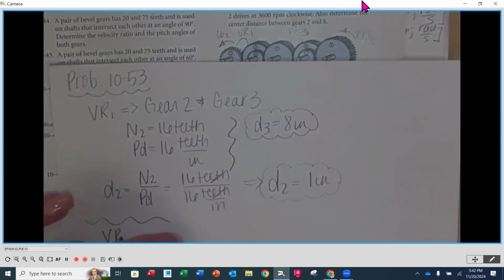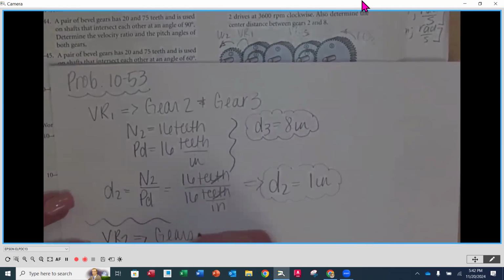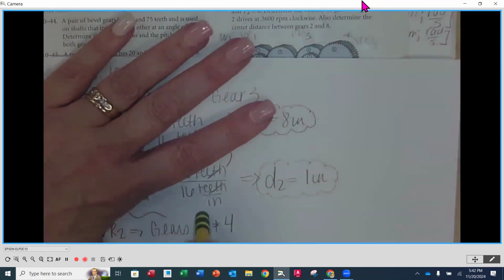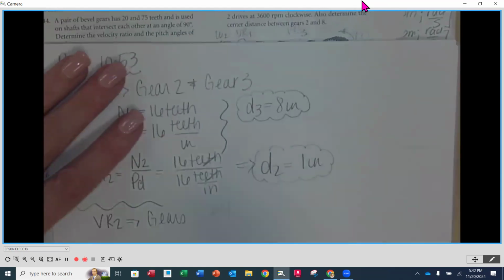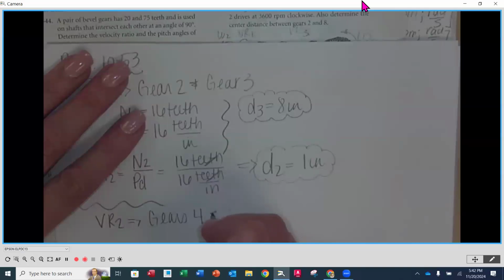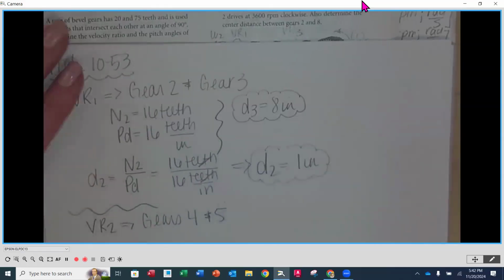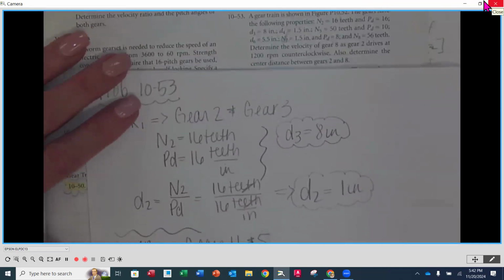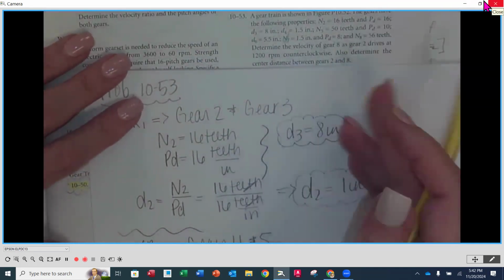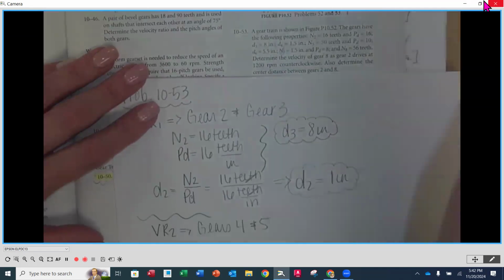Then we're going to go to velocity ratio number 2, which is going to be gears 4 and 5. Sorry, 4 and 5. 4 is in front. Gear 4 and 5. Okay, so I'm going to scooch this up a little bit. I don't know if we can see this at the same time. I don't think we can as far as I'm zoomed in.